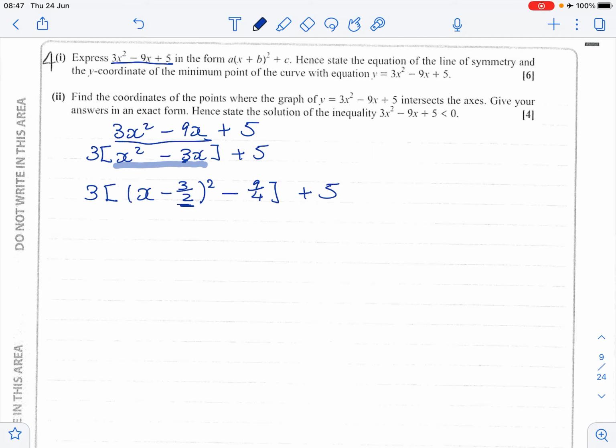Then we need to expand our bracket out. So we have 3 lots of (x minus 3 over 2) squared. Then remember, we need to multiply 3 with 9 over 4, which is 27 over 4.